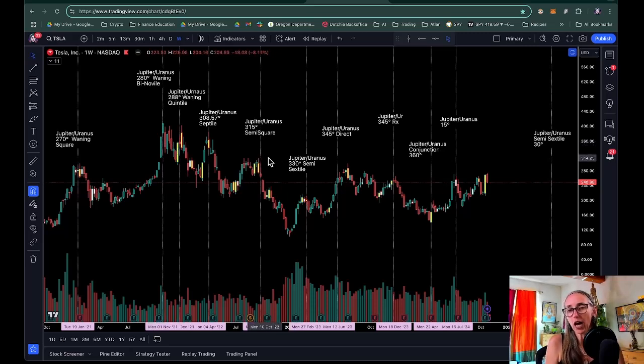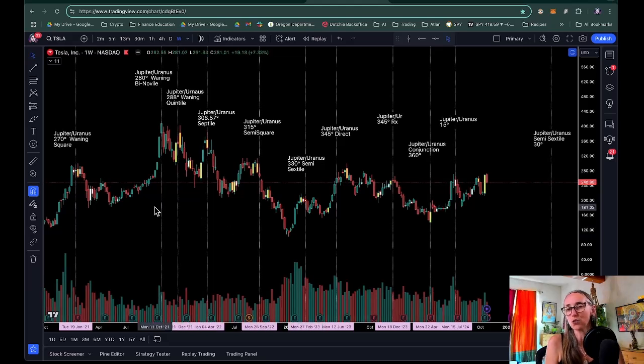What I found when I was applying these aspects to the Tesla chart is that every time there is a harmonic division of 360, and I went all the way down to 15 degrees of separation, there is a very strong correlation to weekly trend changes within 1 to 2 weeks of the aspect pattern.